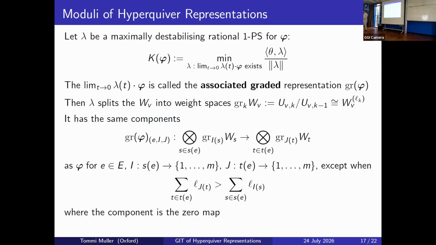So that's the associated graded. And so the question is, how do we actually go about finding this maximally destabilizing one parameter subgroup? And we denote the set of non-zero components of the associated graded by these curly brackets.